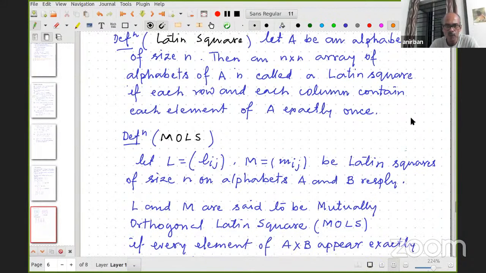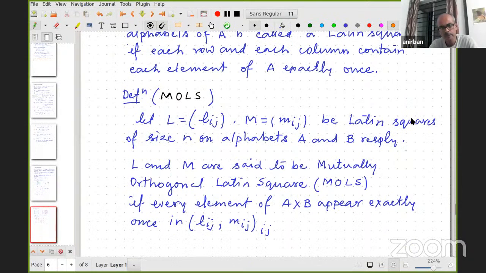Now there is an orthogonality relation which requires a definition. If we take two such squares, L and M, both n cross n, with their elements written as small l_ij and small m_ij.